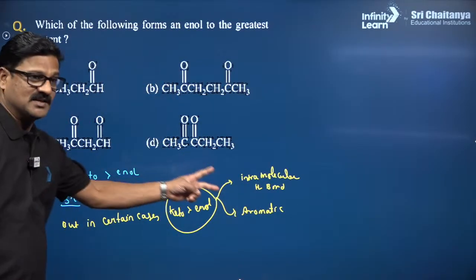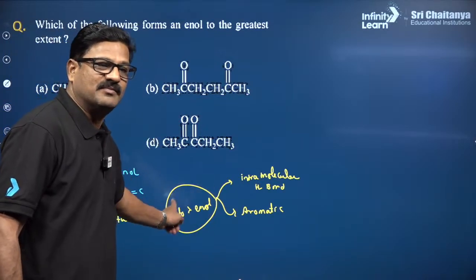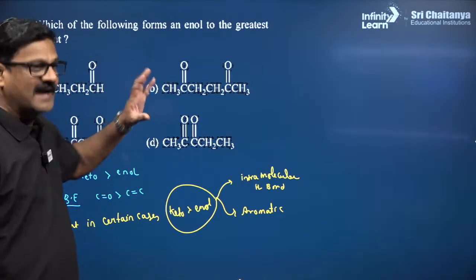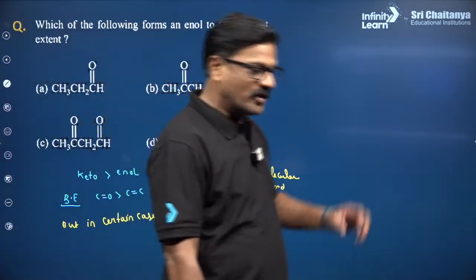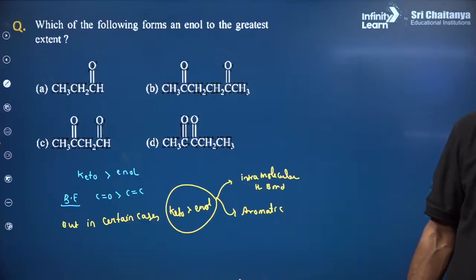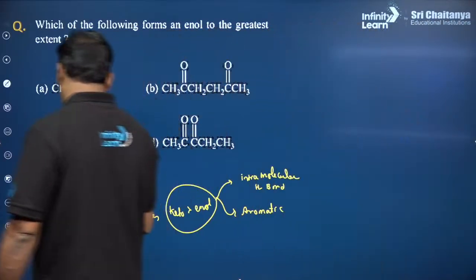In these two cases, the enol form is going to be more stable as compared to the keto form. Mind it. Whenever active methylene groups are there, it's going to be more acidic in nature. So it undergoes enolization more easily and the product is going to be more stable.